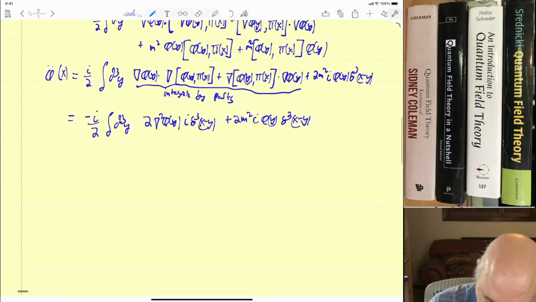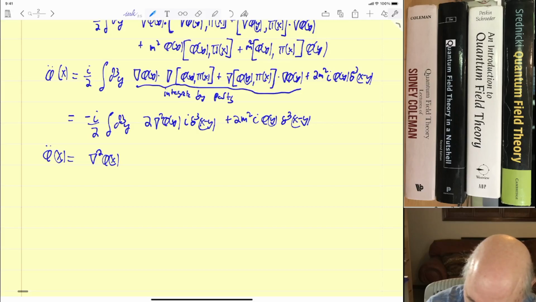Okay, so finally we're going to get phi double dot of x is equal to, the i's make that positive, the 2's cancel, and then the integration over the delta function just changes x to y. So we get del squared phi of x. Over here, well, okay, I put a minus sign here, so this should be a minus sign.